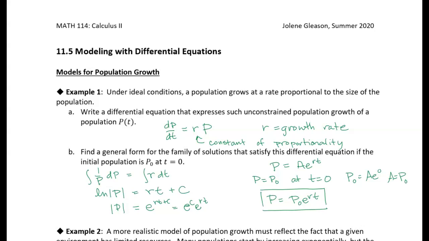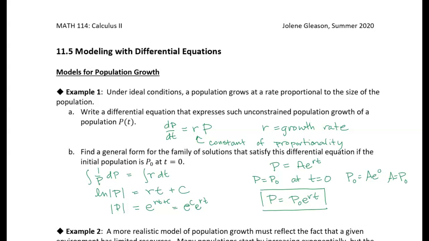And that's just because the more money you have in an account that's being compounded continuously, the faster it's going to grow, right? Because it's being compounded at a constant rate, and then it's being reinvested, and then you're earning money on the money that you earned, and so it grows exponentially. So you may recognize the same formula as being the formula for continuously compounded interest.